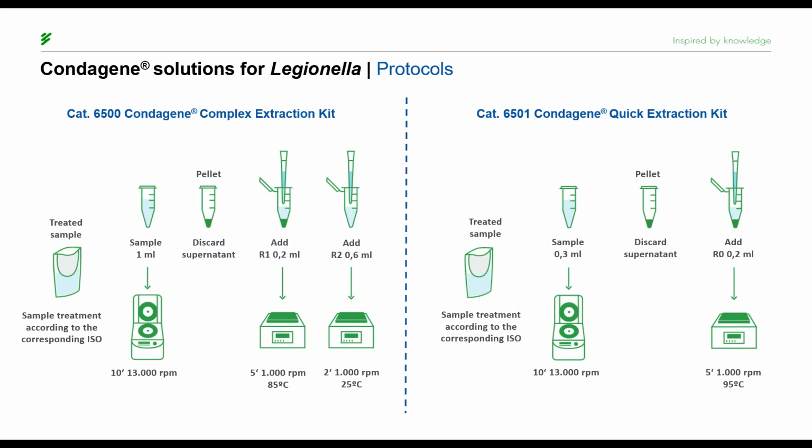We resuspend this pellet by adding 0.2 milliliters of the single reagent, homogenize well in a vortex for a few seconds, and take to a thermoblock for 5 minutes, 1000 RPM at 95 degrees Celsius. And just like that, in practically a single step, we have our sample again ready for the PCR reaction. Simple protocols, minimal manipulation.